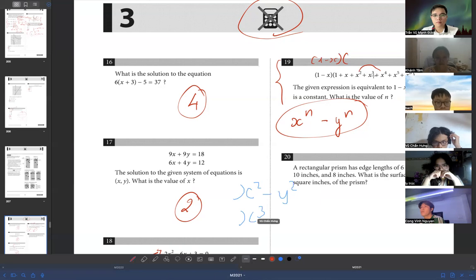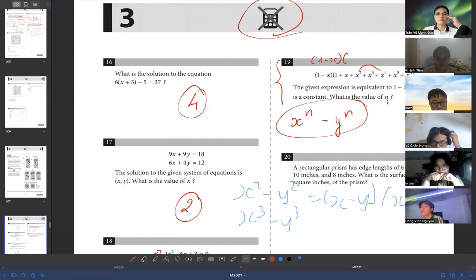So like we have these two formulas, right? Yes. So this is equal to x. In this case, x is 1. So we have this formula.